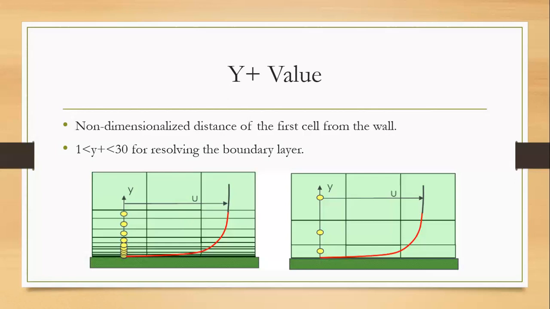That means the first cell will probably lie in this layer, which means even the viscous sub layers will be resolved. I will be giving you some references regarding this y plus value. You are free to check it out. Actually, it is a very vast topic for me to cover in one class.